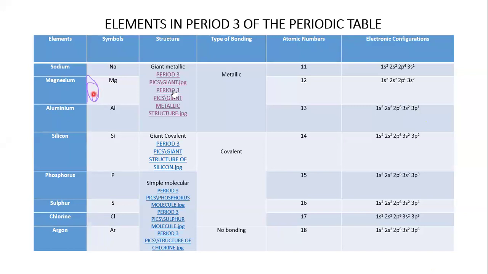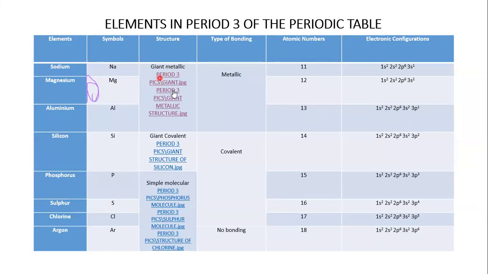So this one is the positive nuclei, which we can call the metal ion, and this is the delocalized electron. So they give out electrons and then form metallic bonds.